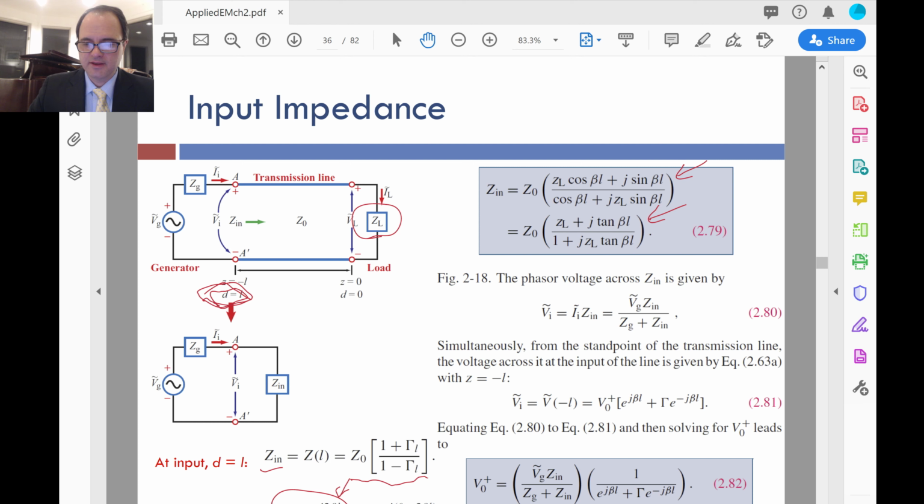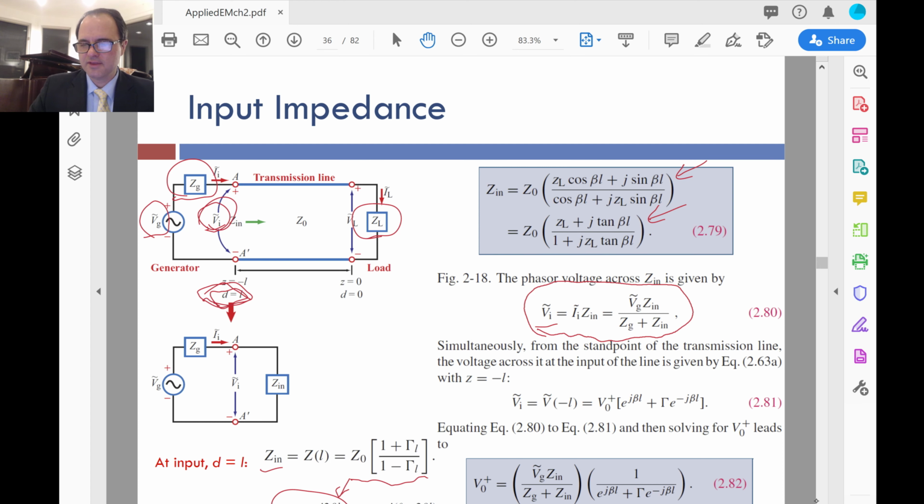Fine. And so now if you want to calculate just the voltage across the input of the line, if the line and the load, as well as the source, have impedances, then you have to do the voltage divider equation that you all know and love, such that V sub i, the voltage at the input of the line, so right here, and not right there, this is V sub G, but now you're going to have a voltage drop across this element, and we're interested in just V sub i.